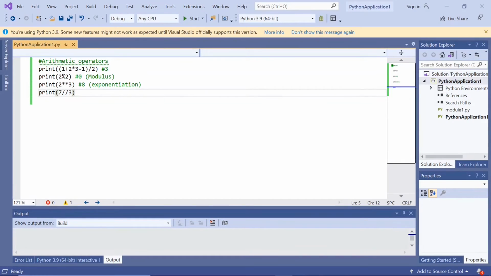It has rounded off to 2. It should be 2 point something, 2.33, so it has taken out the 0.33 and given us 2. So this is what we call floor division.